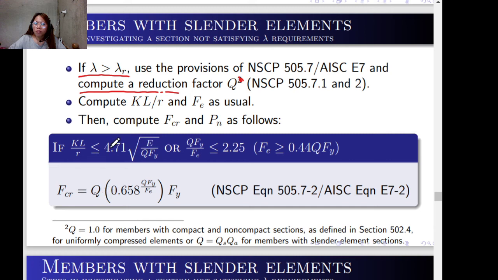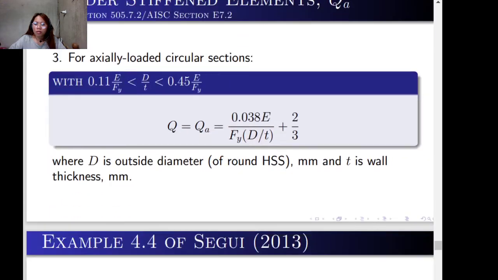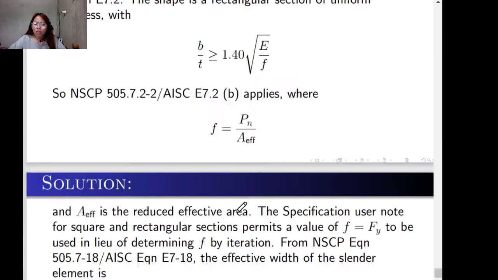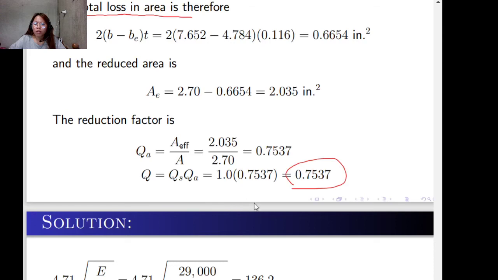So, you have to compare the KL over R using the reduction factor Q. No? Square root of E over Q Fy. So, let us look, we already computed Q, no?